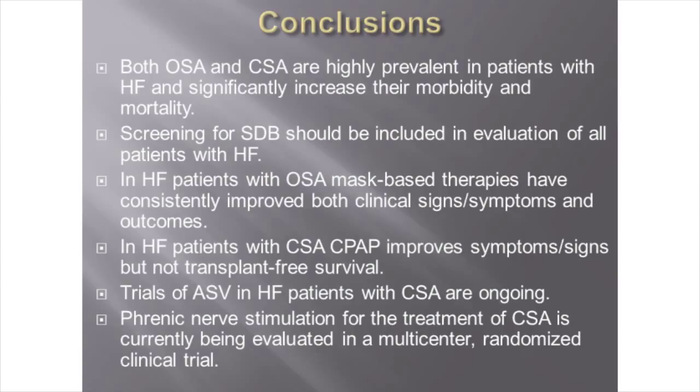We are awaiting trials of ASV, and phrenic nerve stimulation may be an alternative treatment which, if we reproduce the effectiveness of the pivotal trial, may be a treatment that is effective and simultaneously does not require compliance on the part of the patient because the device works automatically.